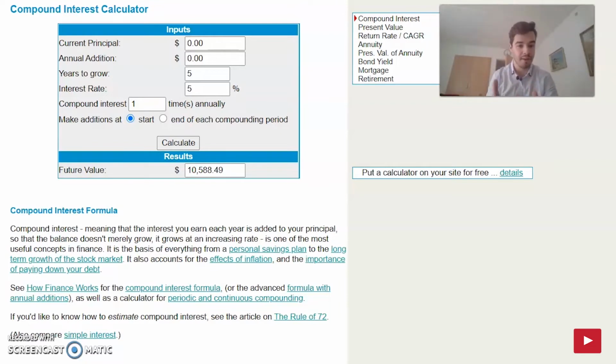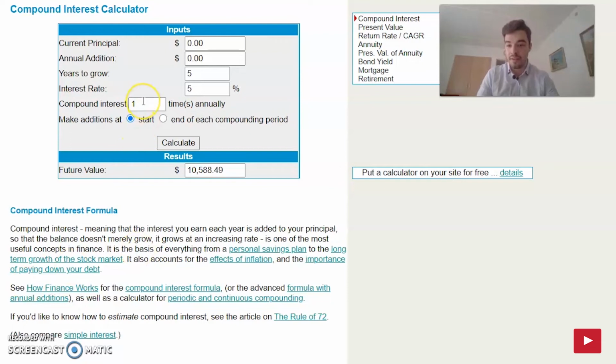So when calculating compound interest, you just sum up everything you save each month, multiply by 12, and that's your annual addition. Years to grow depends on how many years you want to invest your money, and the interest rate, of course, depends on the different investment opportunities and strategies you wish to choose.